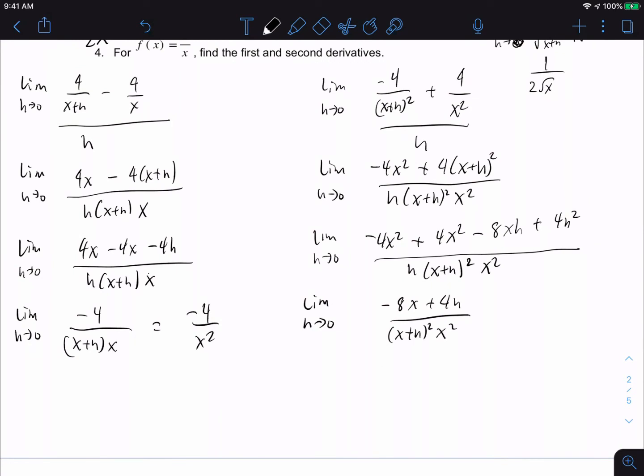As I apply the limit, I'm going to get negative 8x over x to the fourth, which is going to be a negative 8 over x to the third. I left out the sign. It should have been negative. Bummer. No, it should be positive. So I was right.